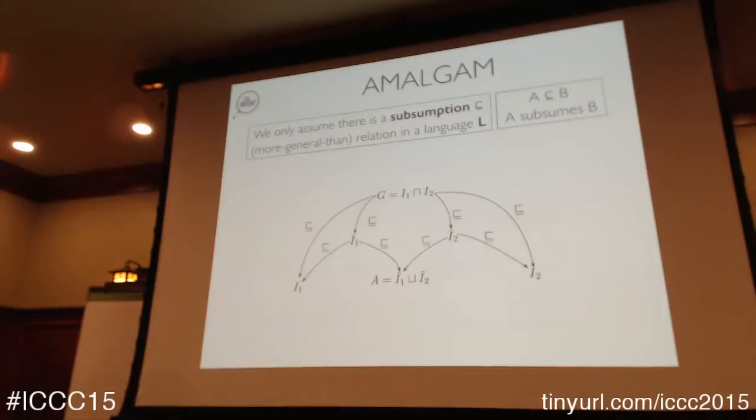Once we have this idea of subsumption, that means we have a generic description here that comes from two generalizations of the inputs, and then the combination of these two.